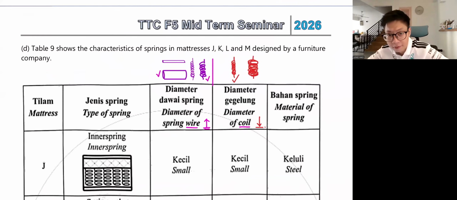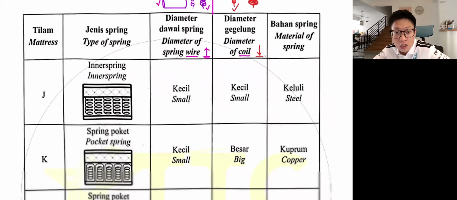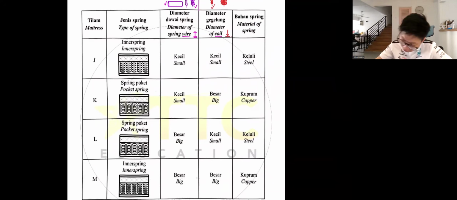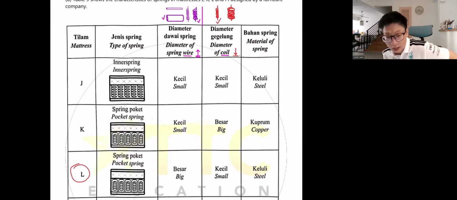Okay, can? So therefore you must say which one, because they are opposite. So finally, if I want big and small, my answer is obviously L. So the answer is pocket spring. Okay, not spring pocket, pocket spring.